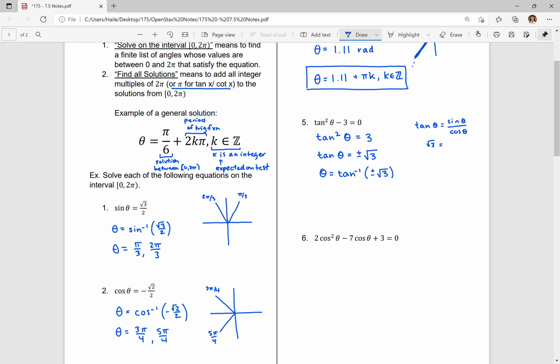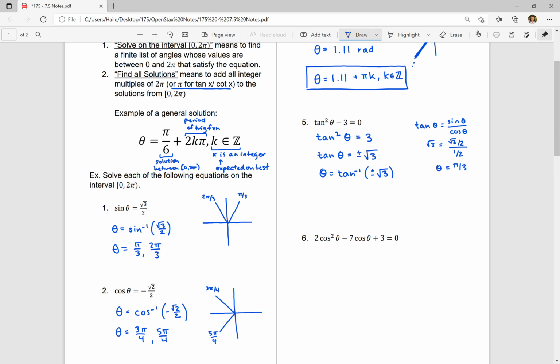So if I want to solve for tangent, I need sine to be that top number. So that means I need root 3 over 2 on the top, and I need 1/2 on the bottom. Okay, so what we see here is that sine is equal to root 3 over 2, and cosine is equal to 1/2. So the angle on the unit circle that has sine equal to root 3 over 2 is pi over 3. So from this, we get that theta is pi over 3.